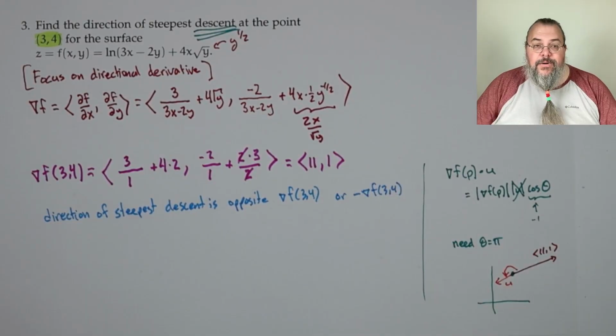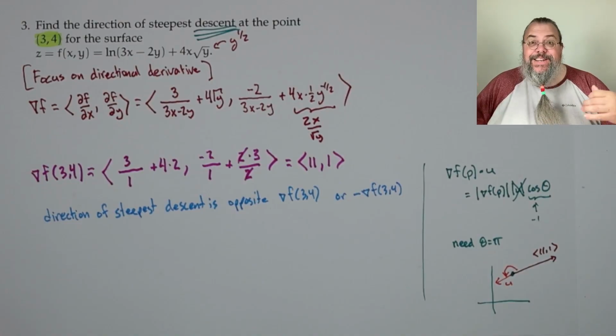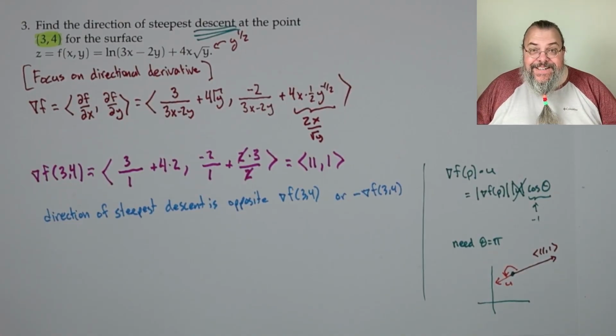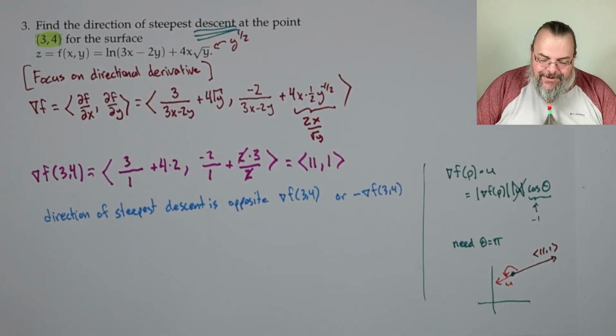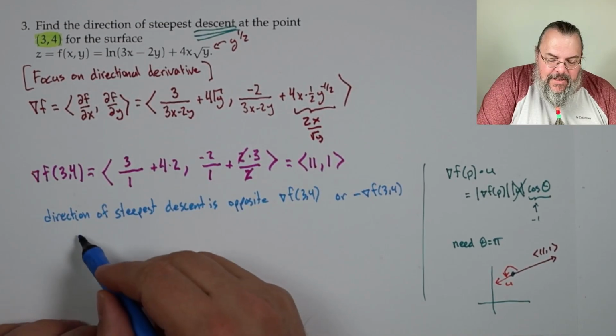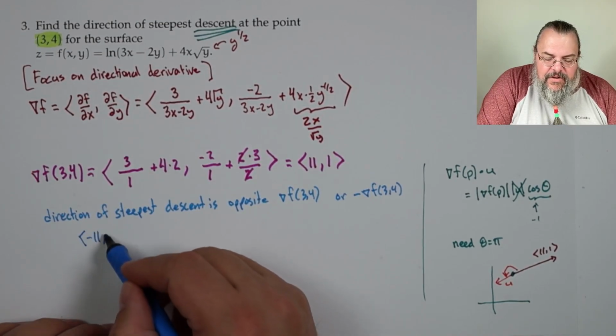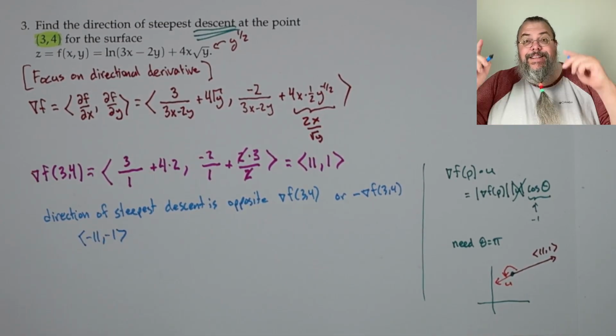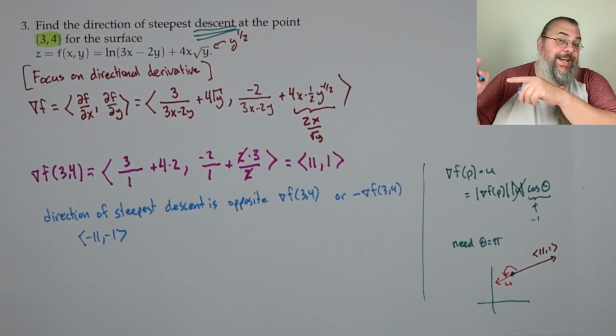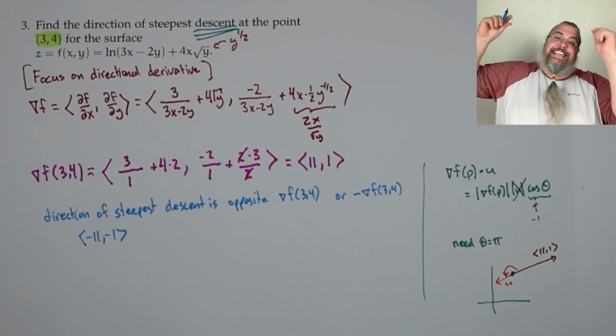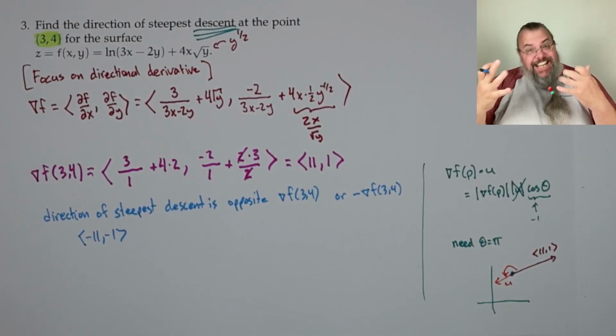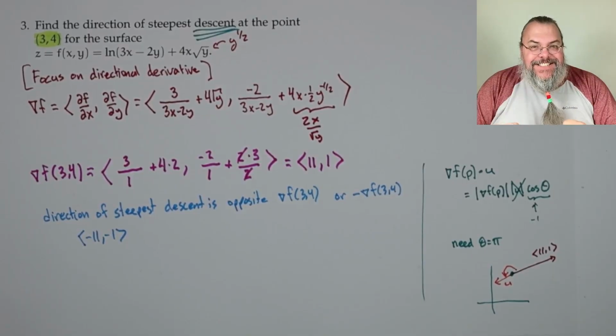So you're like, oh, toss in a minus sign, day done, right? Hold on. So you might say, that means this is our answer. And is it? And why not? It is not our answer. Curses.